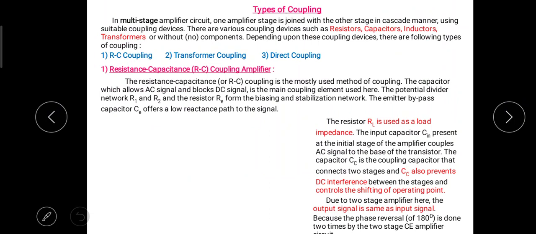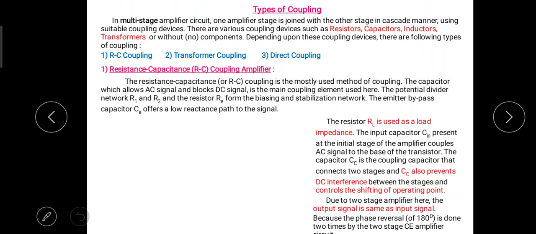Come to the next slide. Here we have to discuss types of coupling. In a multi-stage amplifier circuit, one amplifier stage is connected with the other stage in cascade manner. Cascade in the sense one after another using a suitable coupling device.